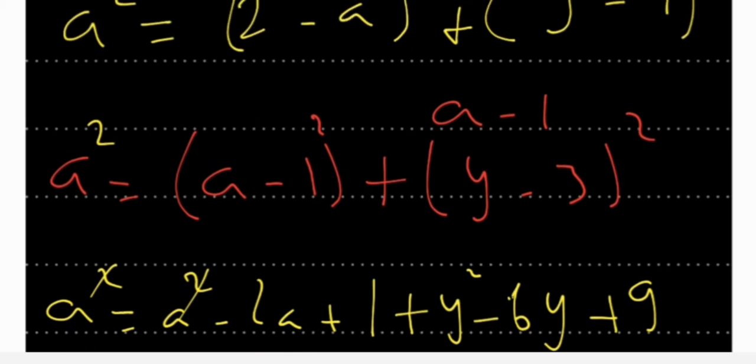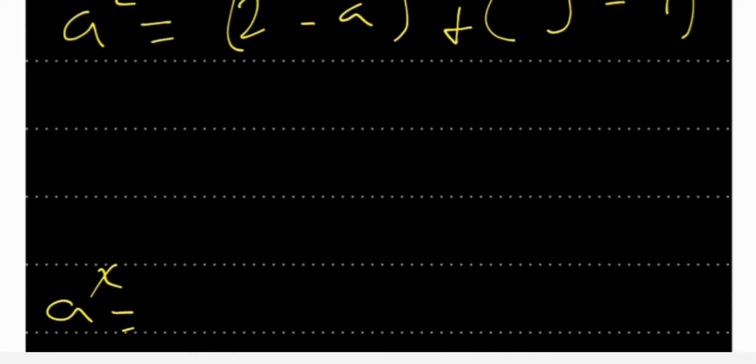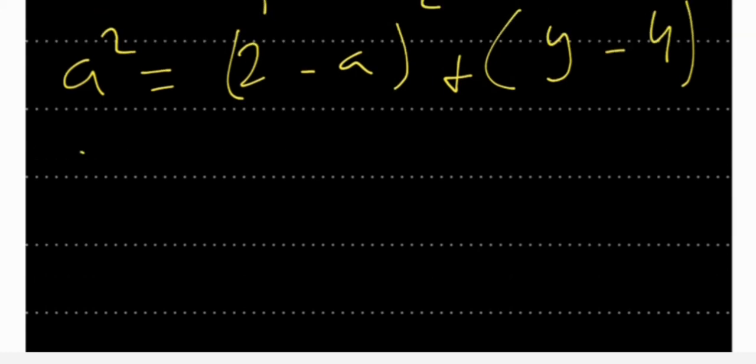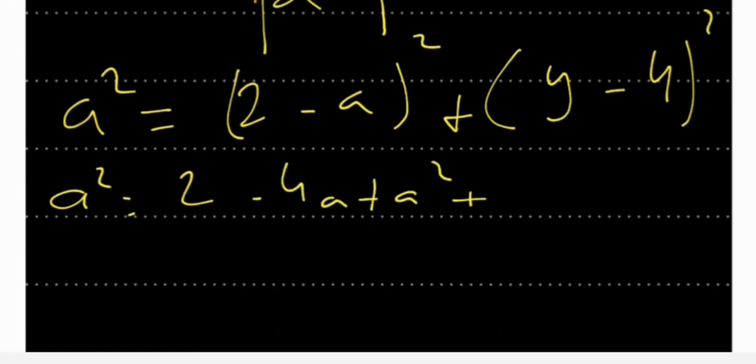So let's take this part over here, squared. So look, we will have that a squared is equal to this part squared, so minus 4a plus a squared plus y squared minus 8y plus 16.